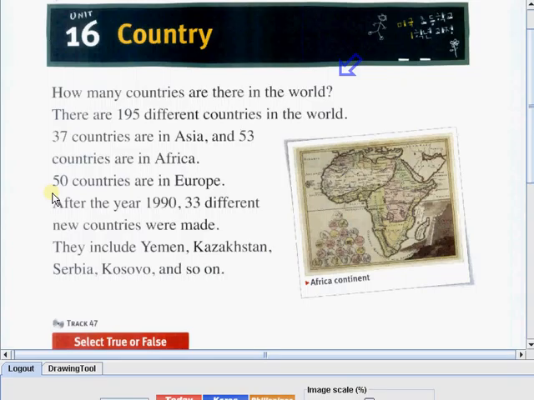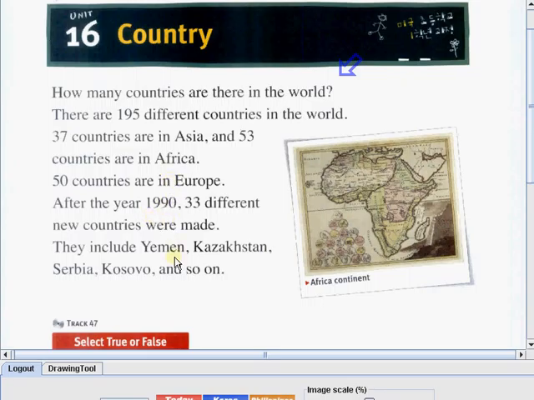And after the year 1990, 33 different new countries were made, and they include Yemen, Kazakhstan, Serbia, Kosovo, and many more. Well, please don't forget the information of this passage.